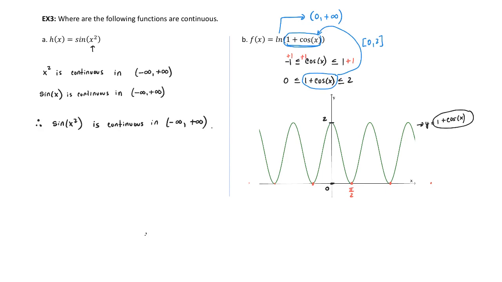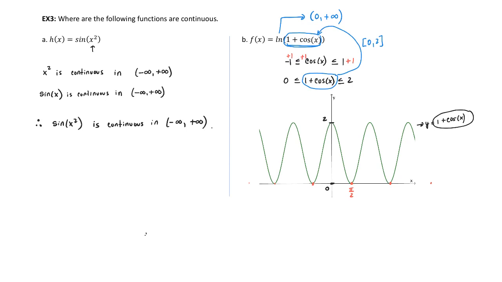So we have to find a way to exclude those x values. In other words, the composite function, ln of 1 plus cosine of x, is going to be continuous except at the values where the inner function 1 plus cosine is equal to 0.